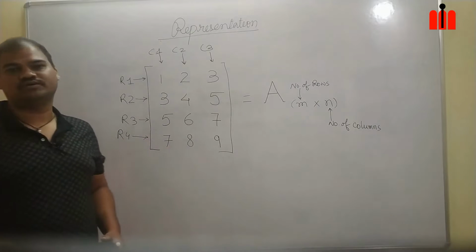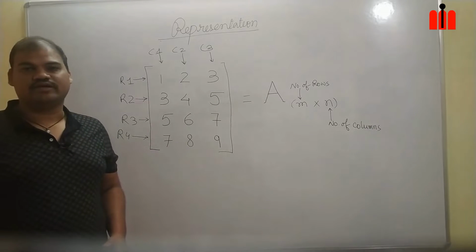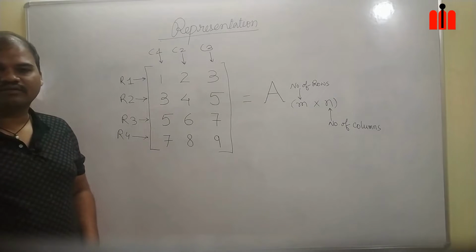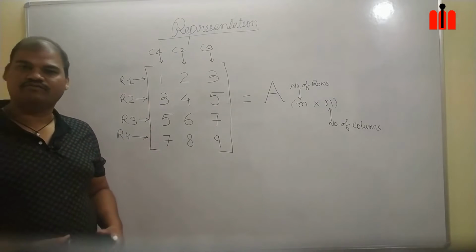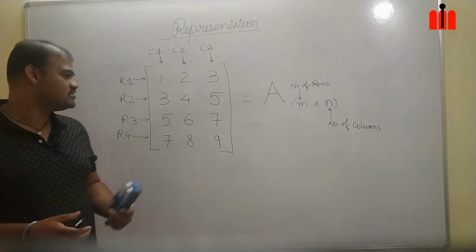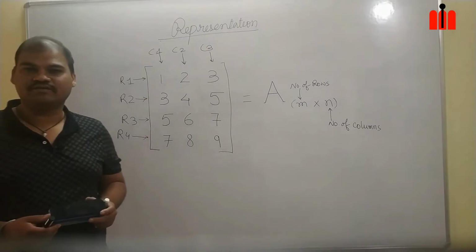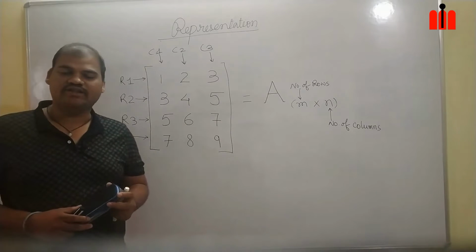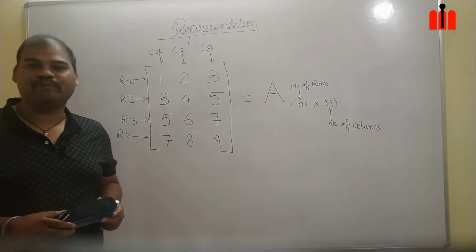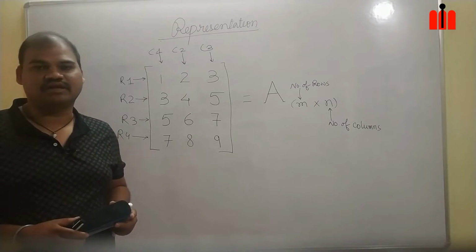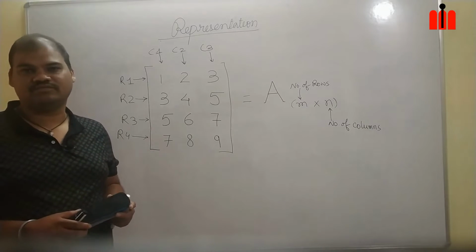So far so good. If I ask, what is the position of 3? We see that there are 2 positions of 3. So it's very difficult to pick the element in a matrix by its numerical value.